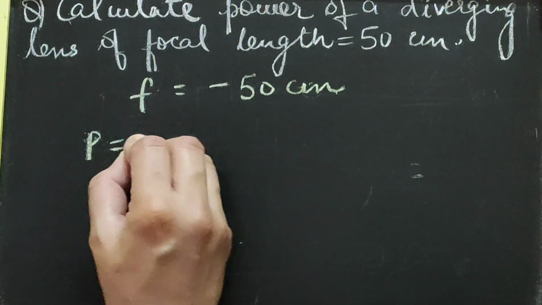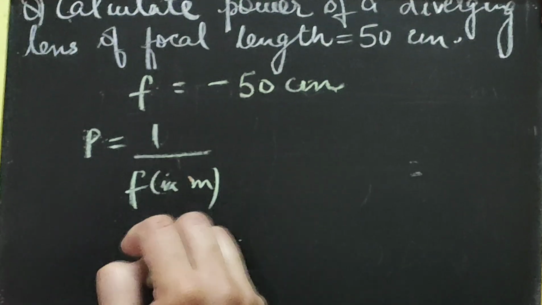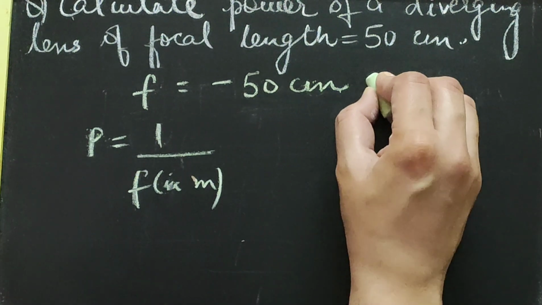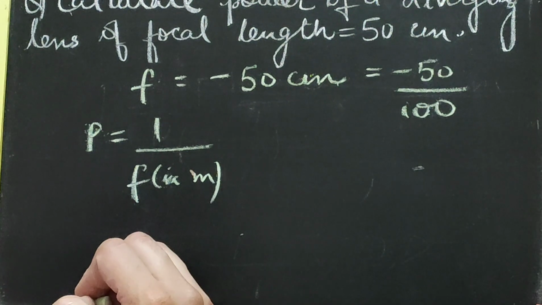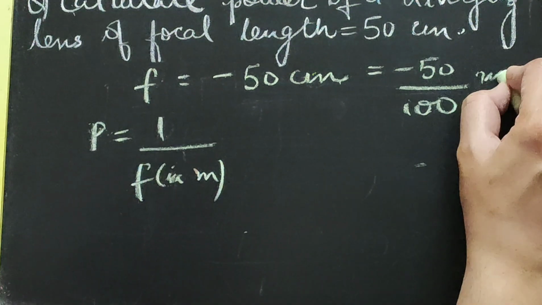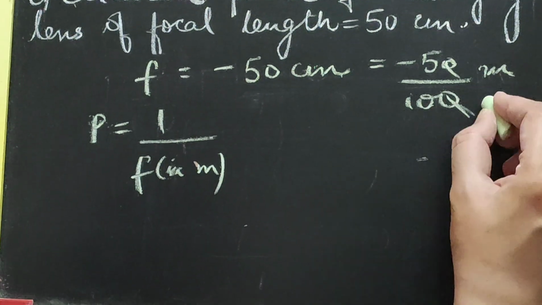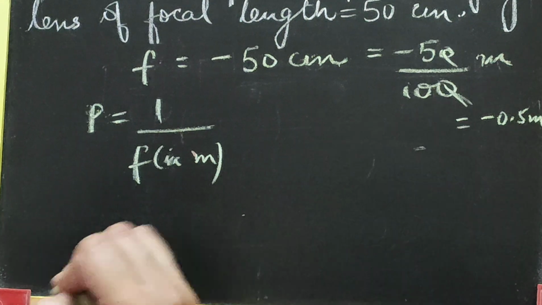So the formula for power is 1 upon focal length in meters, and we will have to convert the focal length this time also into meters. For doing this conversion, we will be dividing the number by 100, so that gives me focal length in meters. Simplifying this further gives me that the focal length is minus 0.5 meter.